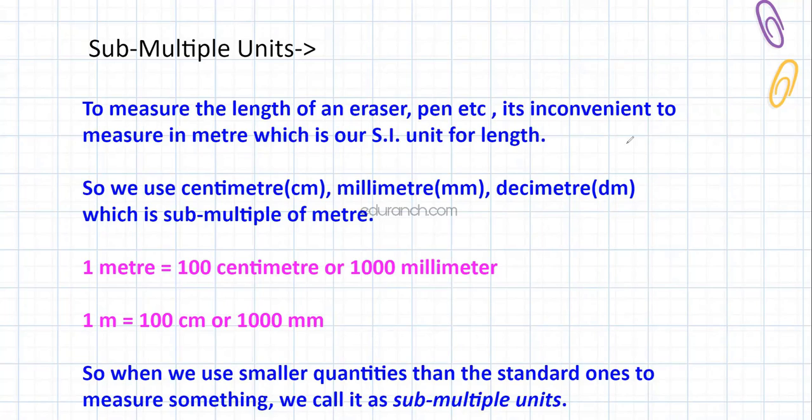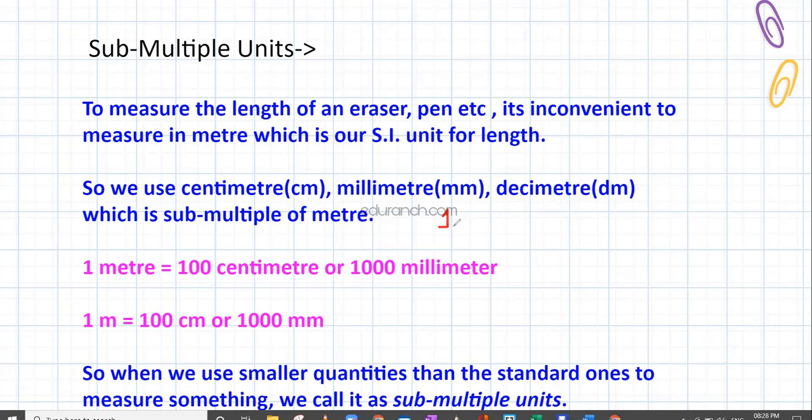Now what does that mean? So 1 meter is equals to 100 centimeter or 1,000 millimeter.